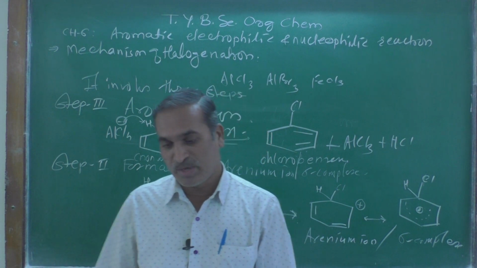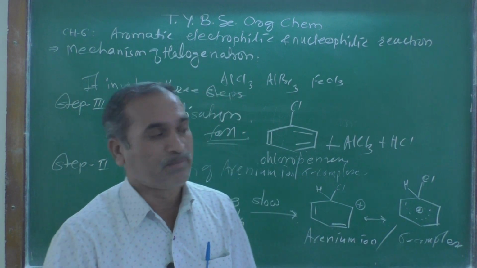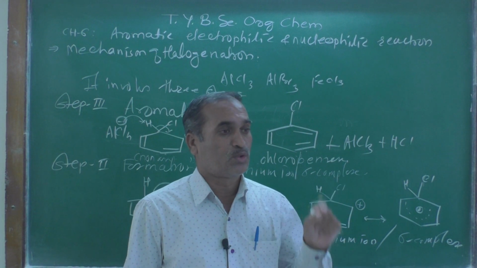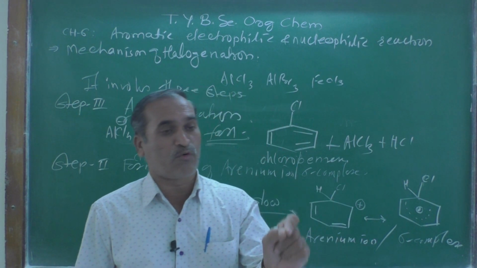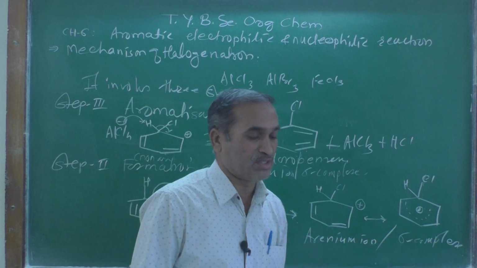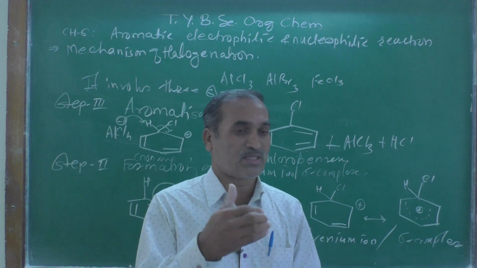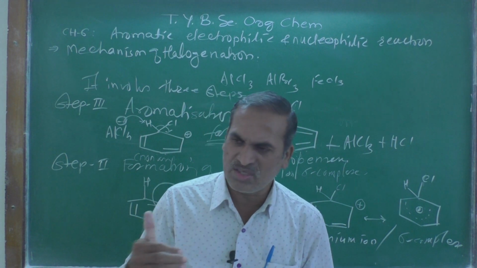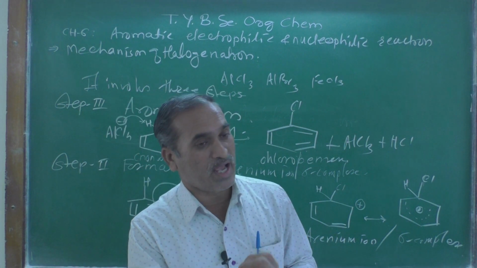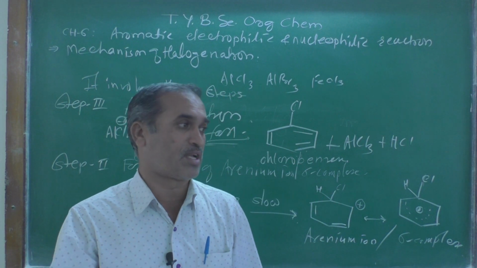So remember the function of the catalyst in halogenation: it is used for polarization of the halogen molecule to provide the electrophilic halogen atom. In the previous case we saw the chlorine molecule get polarized by the Lewis acid, aluminum trichloride, or you can just call it aluminum chloride, and that aluminum chloride polarizes the chlorine, so it is generated as an electrophile.